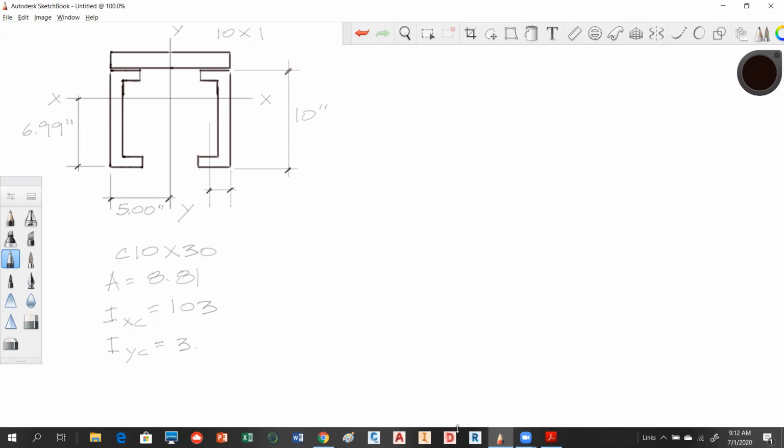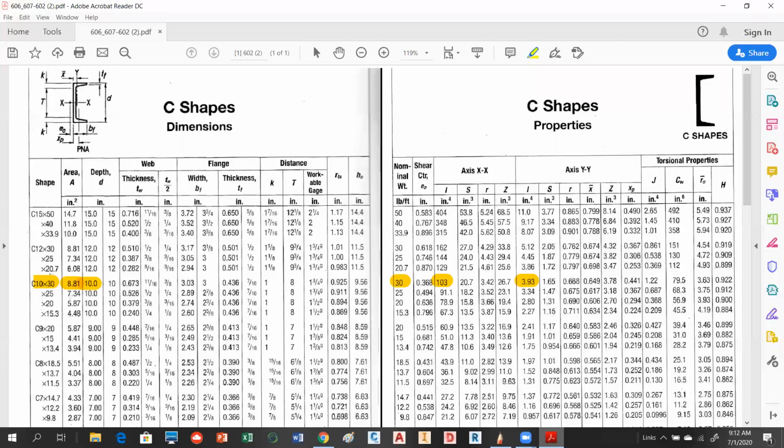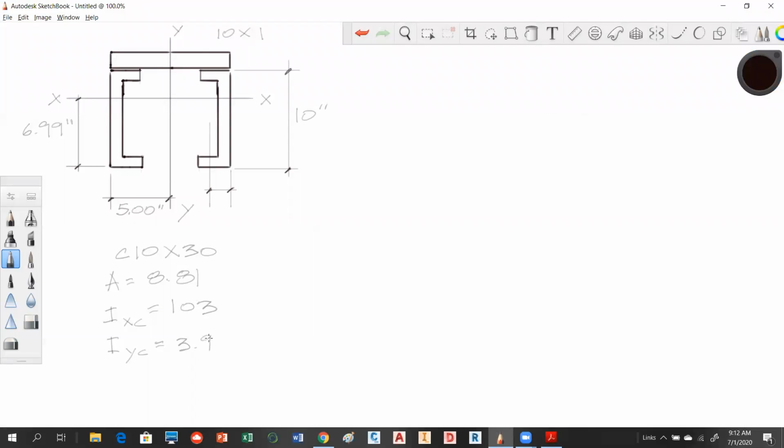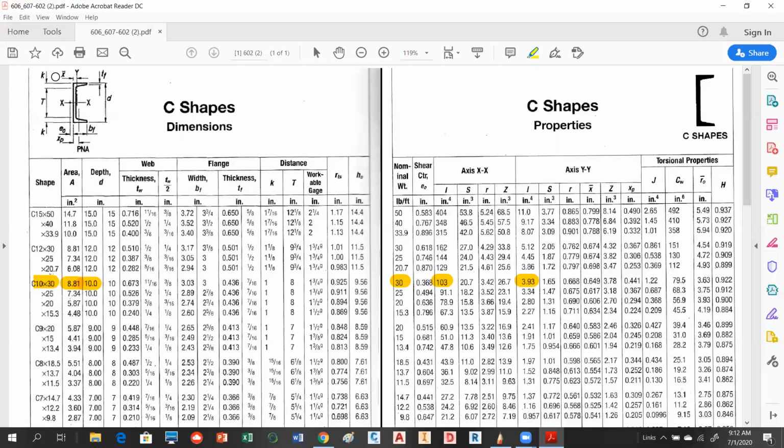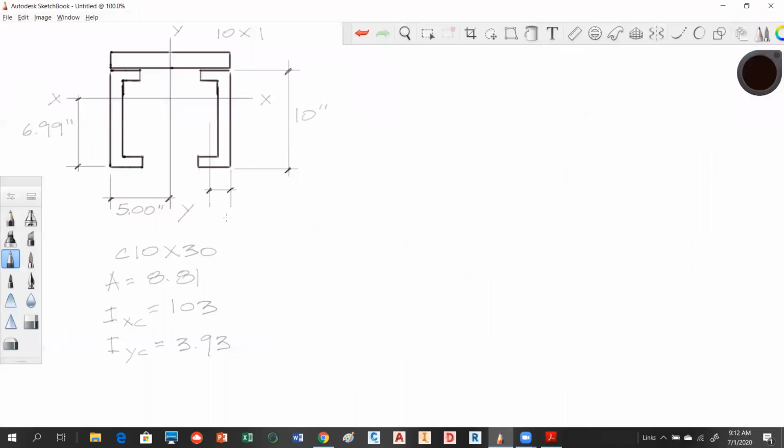And this is 393, yeah, 393 inches to the fourth. So the only other thing we need is this distance here, the x bar distance. So we're looking at that, and that's going to be 0.649.